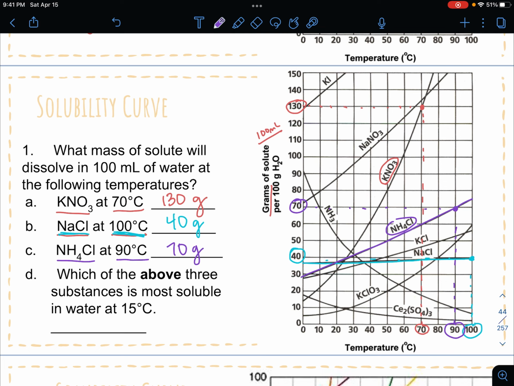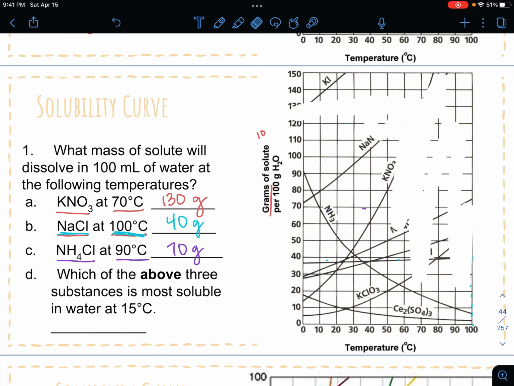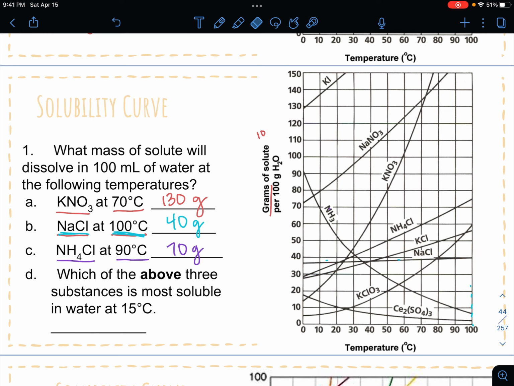What this graph is saying is that our lines are telling us how much we can dissolve at that temperature. That's the maximum, ideally. If you notice, almost all of these lines are going straight up. I'm going to erase some of this so you can see. There's a few exceptions.